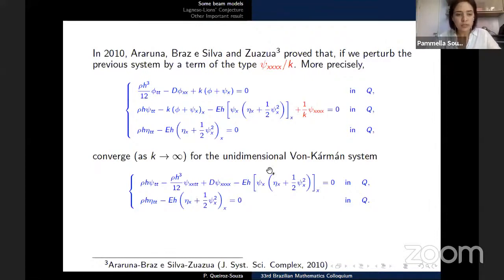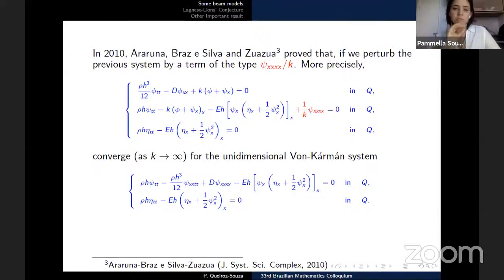For the proof of this result, this convergence with the regularizing term, I can say that they partially prove the conjecture, because the conjecture made by Lagnese-Lions states that the Mindlin-Timoshenko system converges as k goes to infinity to the von Karman system without the regularizing term.